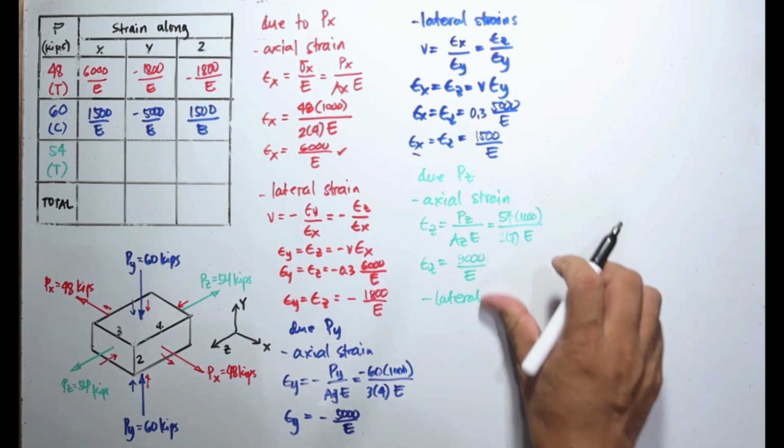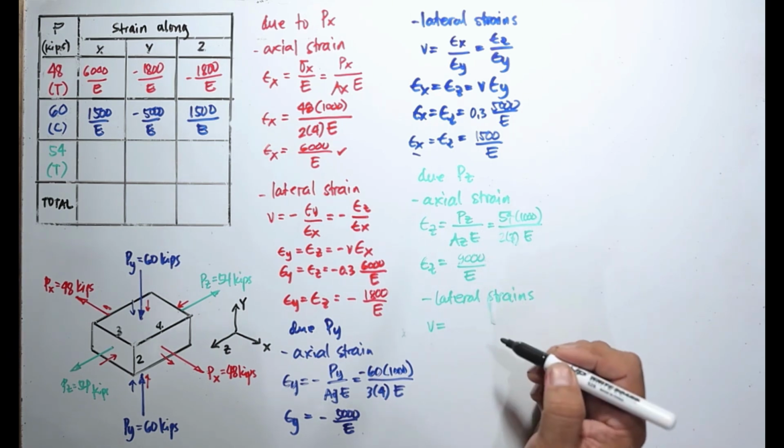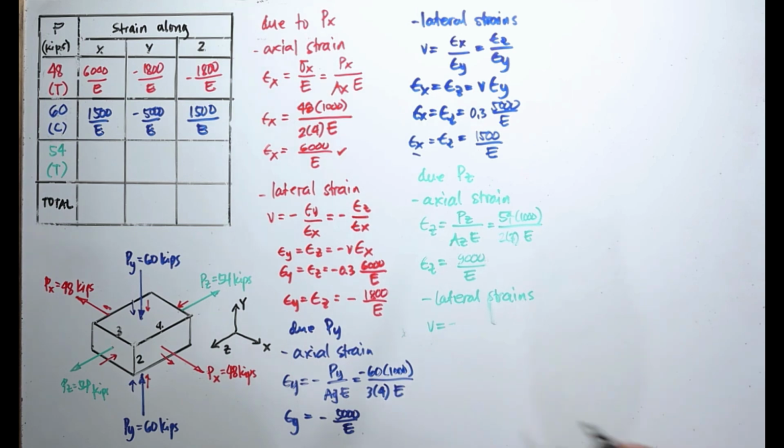Then the lateral strains from Poisson's ratio. Since this is tension, the lateral strains will be in compression.